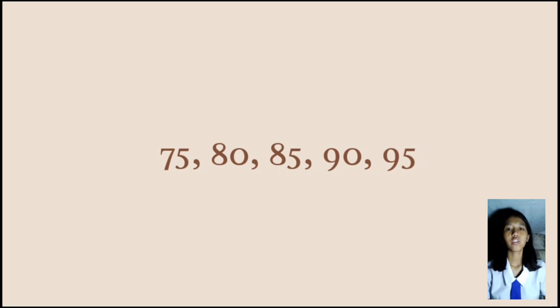Next, there are a total of 5 scores in the data set: 75, 80, 85, 90, 95, which is 5. And the score we will try to find is 85, which is in the third position within the sorted data set. So let's calculate it.